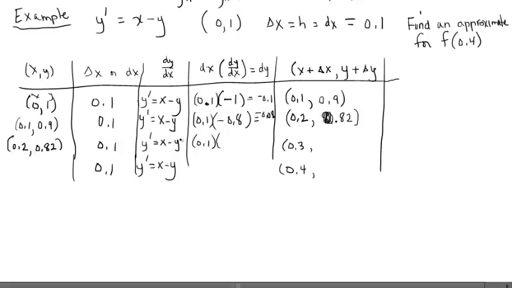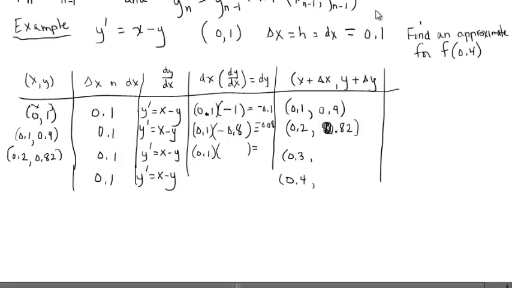I'm not always going to take x and subtract y, only because that's the derivative. Every derivative is going to be different, and what you do with these numbers is determined by the derivative. But for this one, 0.2 minus 0.82 is going to be negative 0.62. So that product is going to be negative 0.062.